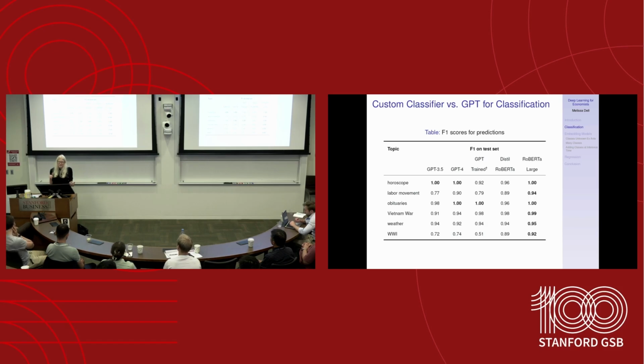So if you don't want to take the risk of people complaining that you can't reproduce your results because you did them with 4.0 and now 4.0 is gone, there's always the option, at least for things that are relatively straightforward classification.